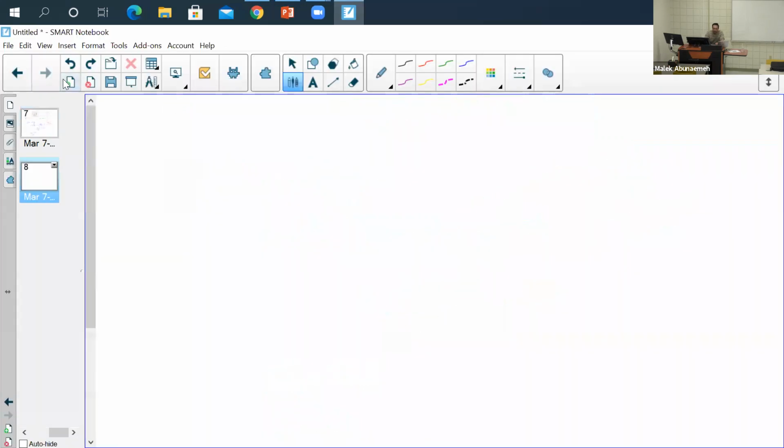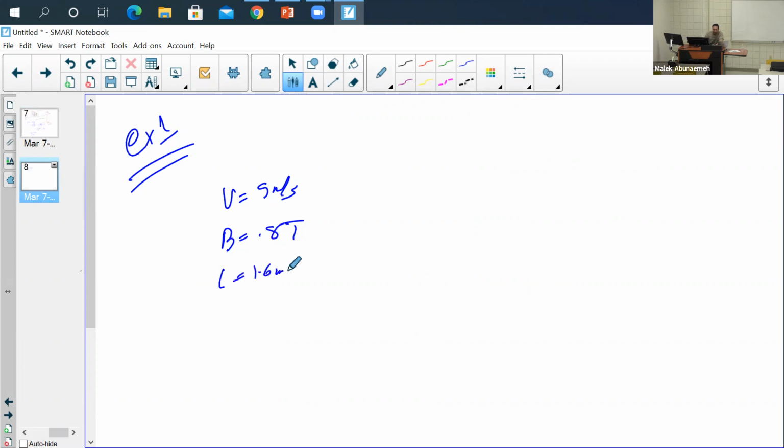So in order for us to find the electromotive force, this was example 1 in our notes. We said that the velocity was 5 meters per second, your magnetic field is 0.8 Teslas, and the length was 1.6 meters.